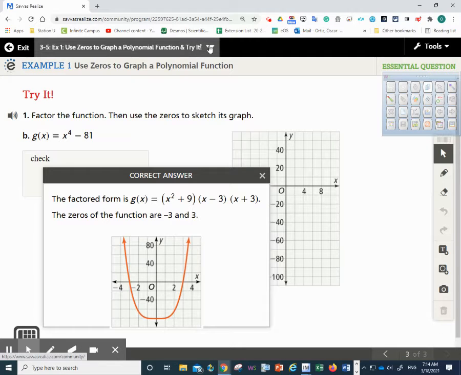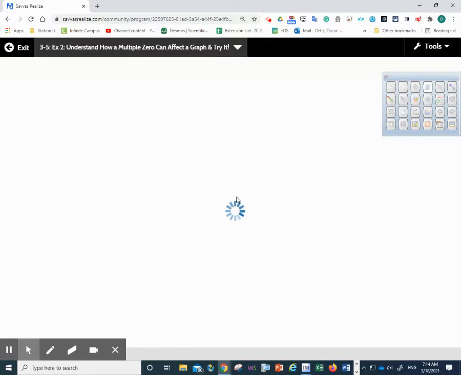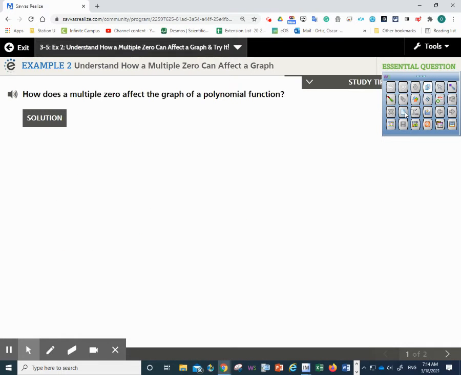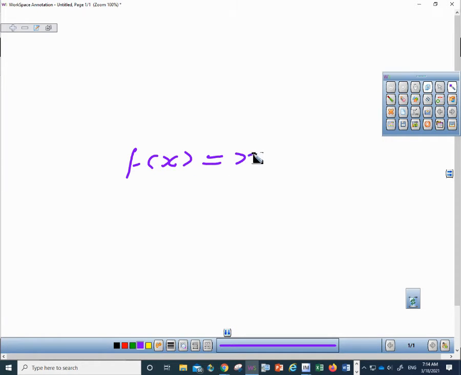All right, so now let's go to example 2. So hopefully you remember what the graph of a line looks like if you had f of x equals x. This is a line, right?